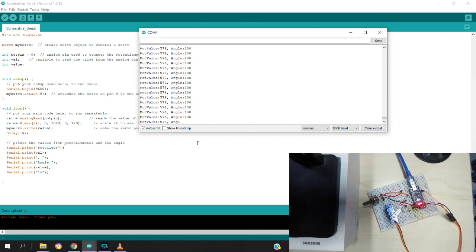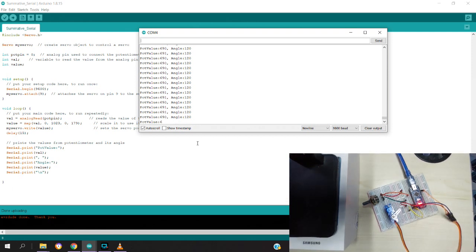As we increment it by 20, we can see that 120 degrees is equal to 690 to 691 in terms of the potentiometer value, and the servo motor is also positioned at 120 degrees.